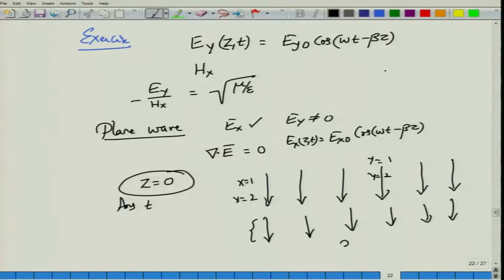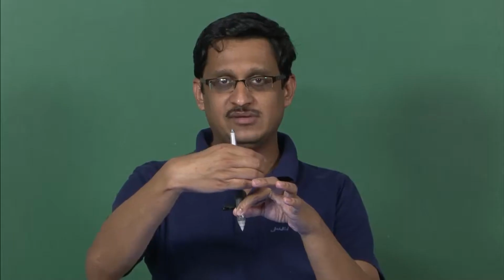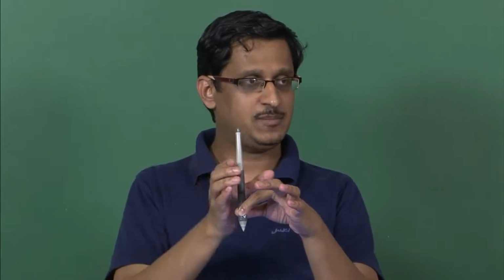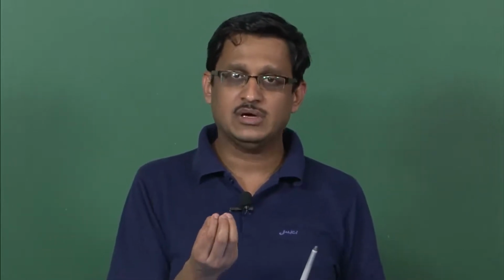In contrast to that, suppose I have a source here, and the wave is generated from this source and it is expanding in the form of a cylinder, or you can think of a wave coming from an explosion where it would be moving in the form of a spherical cloud.